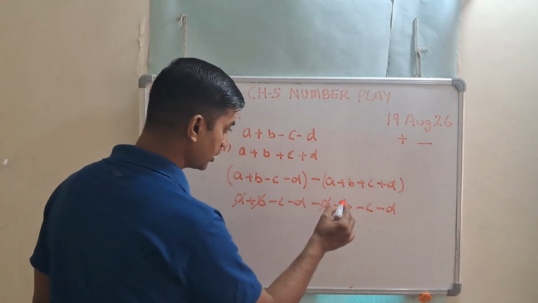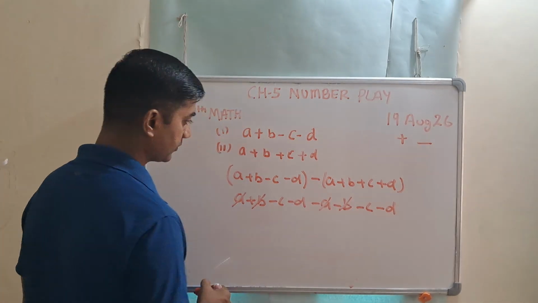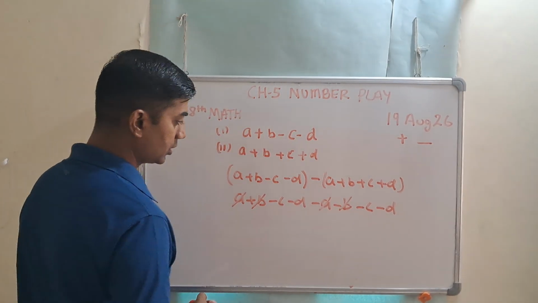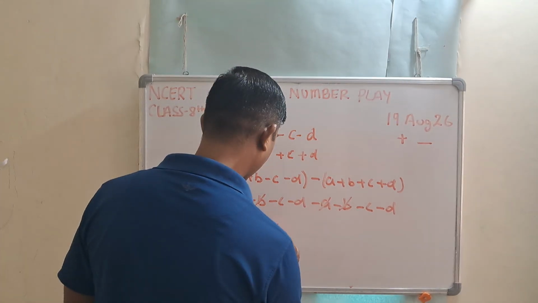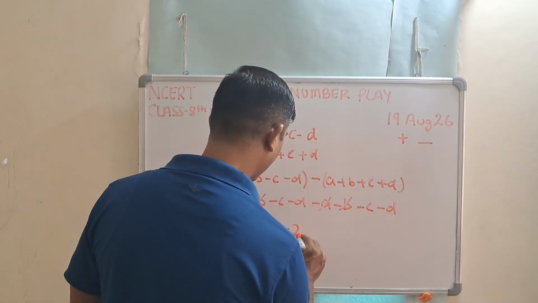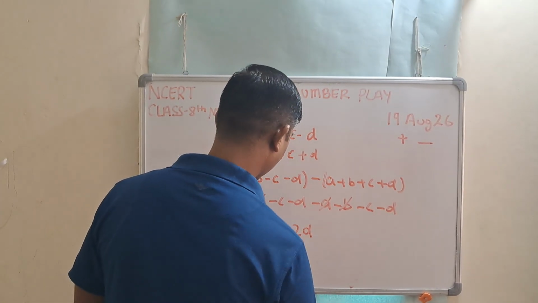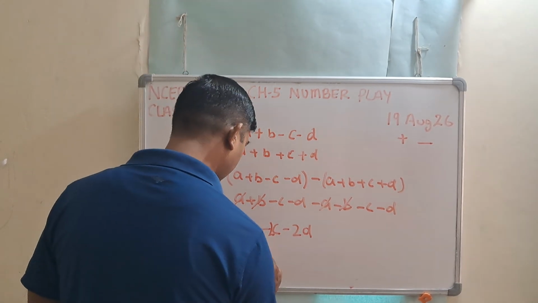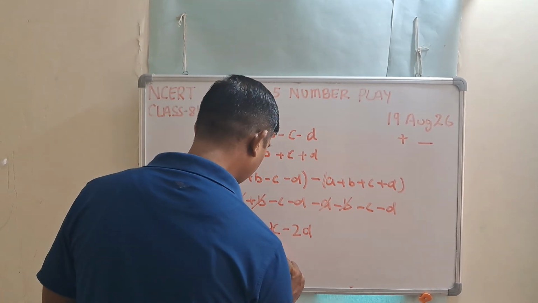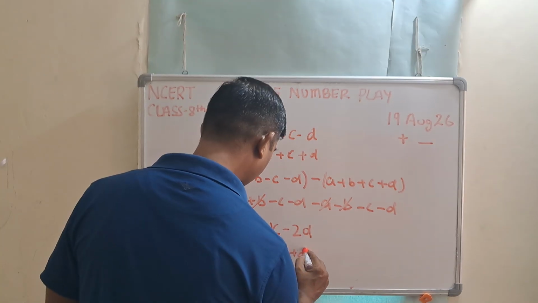A, B. Understood? Now what is not cancelled out? Minus C, 2 minus C and 2 minus D. If we take minus 2 outside, we will get C plus D.